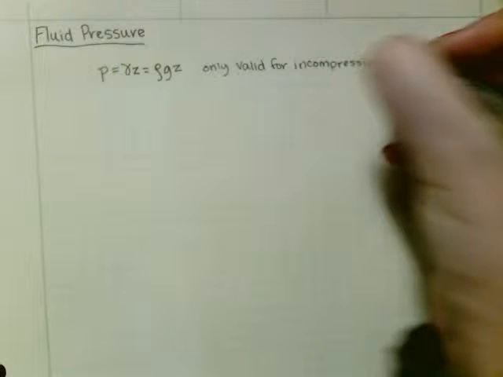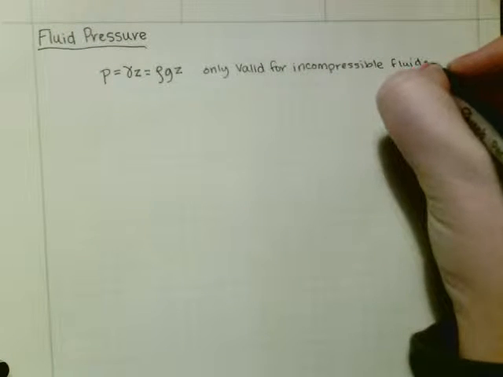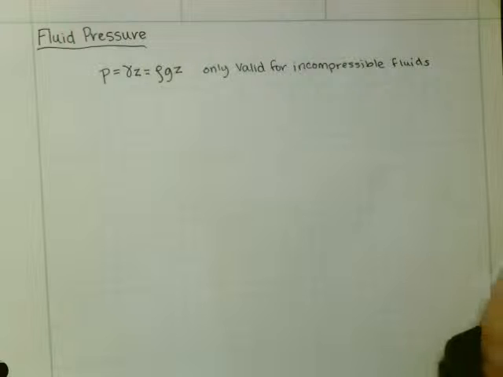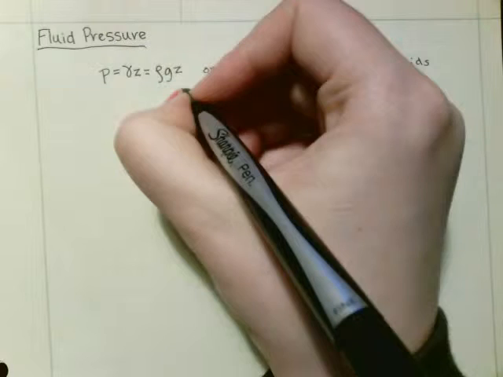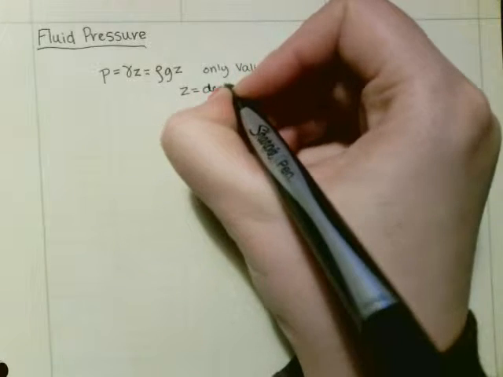So that's something like water, but not something that's gaseous like carbon dioxide or anything like that. And z is the depth from the liquid surface.